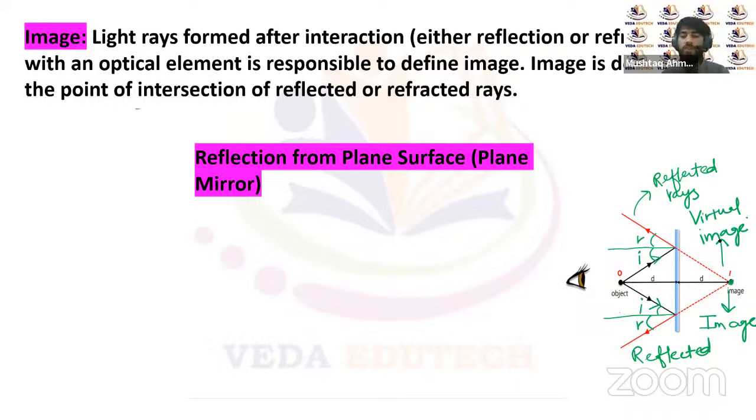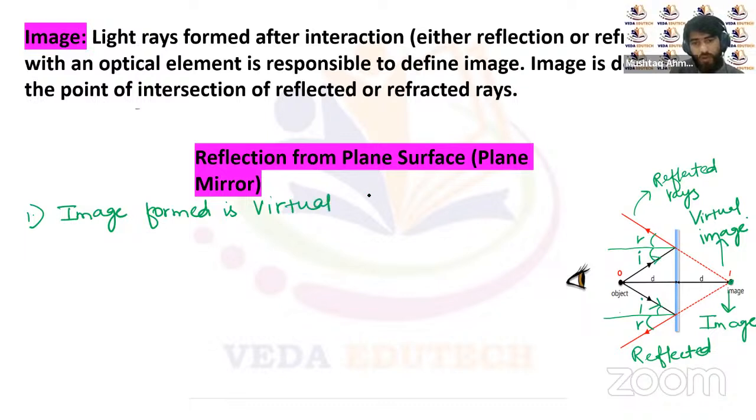So an object can be virtual or real, and an image can be virtual or real as well. The first point: in case of plane mirrors, the image formed is virtual for diverging rays.